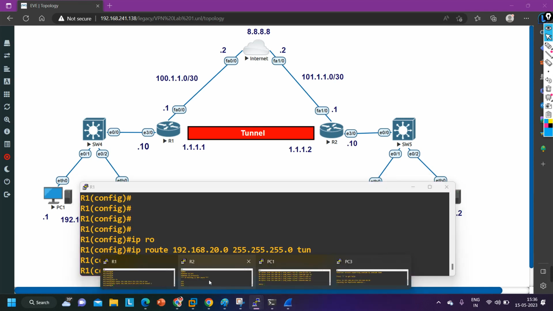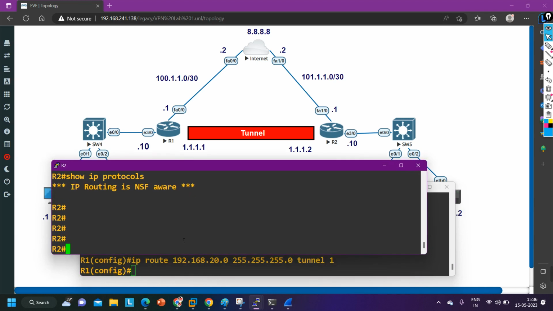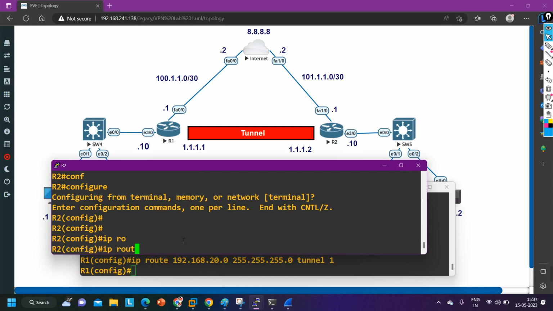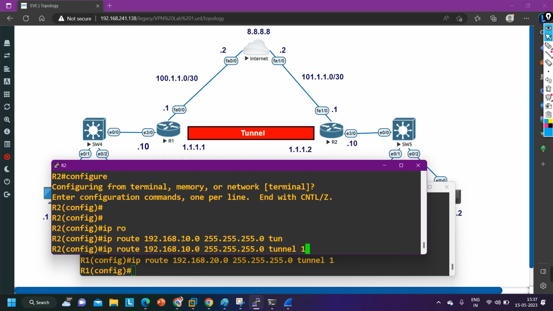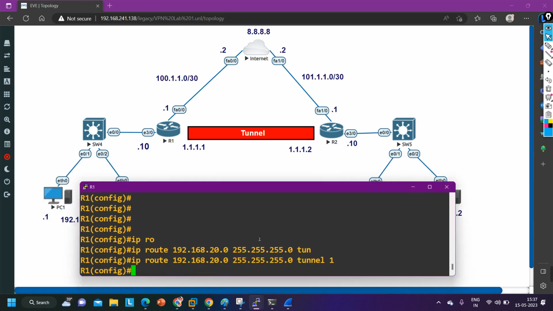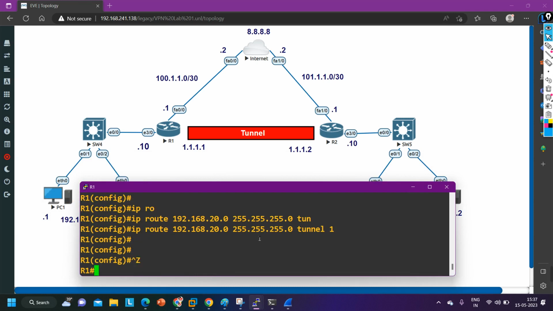On router number 2, you need to configure the 10 network: IP route 192.168.10.0, and the exit interface is tunnel 1. Always keep in mind, whenever the exit interface is the tunnel interface, the GRE protocol is going to encapsulate the GRE header.